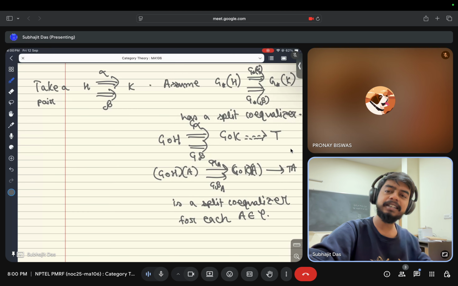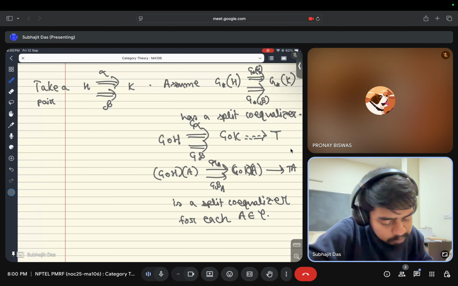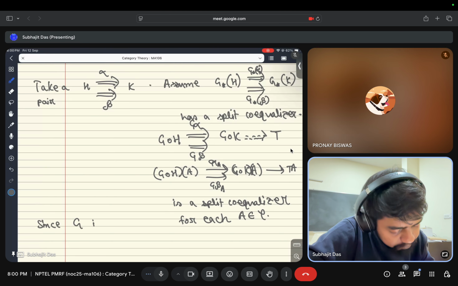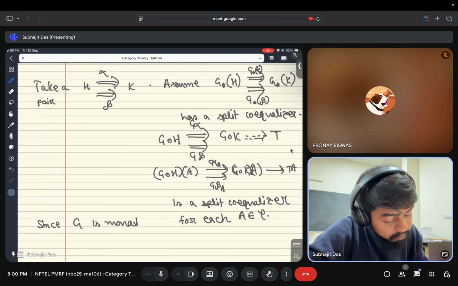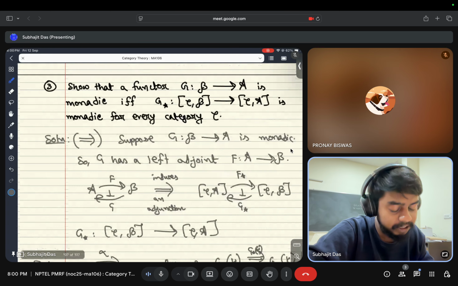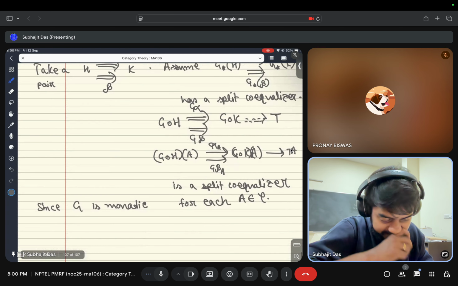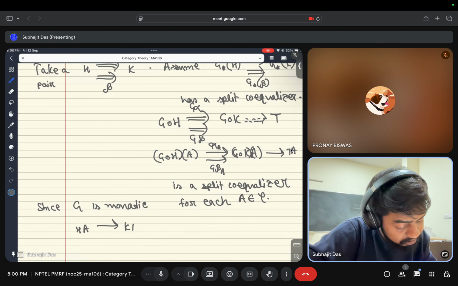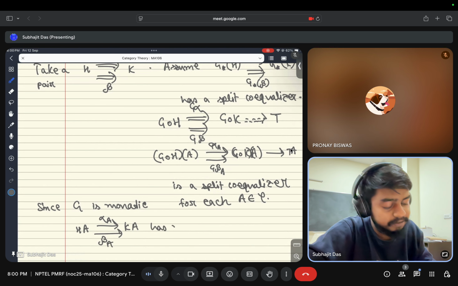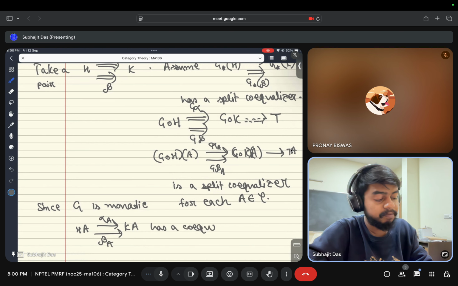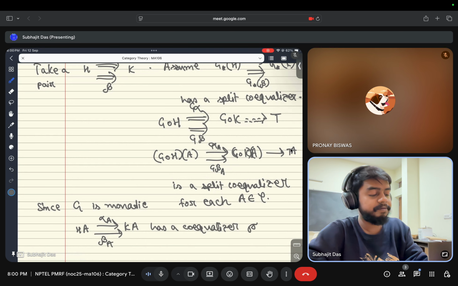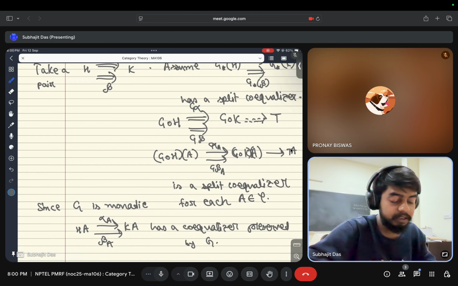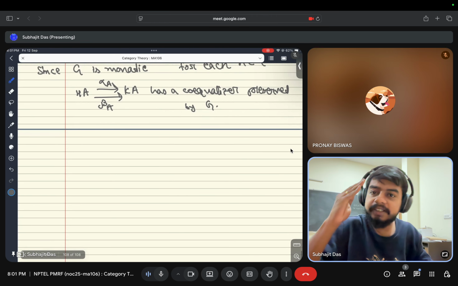Since G is monadic, the original functor G that we had is monadic. So what can we say now? HA to KA, alpha A, beta A has a co-equalizer preserved by G. Finally, what can we say?